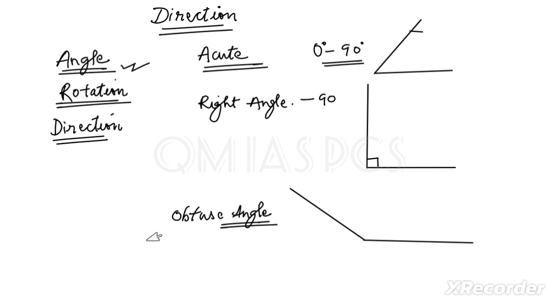And if you are talking about more than 180 degrees, then what will happen? Any idea? Okay, let me tell you. If you are talking about a complete turn around a point, this point makes 360 degree. How?